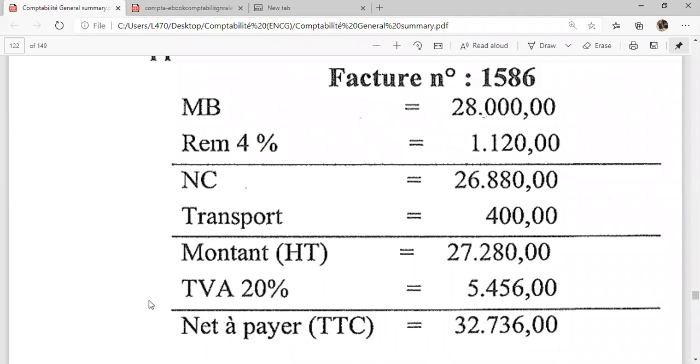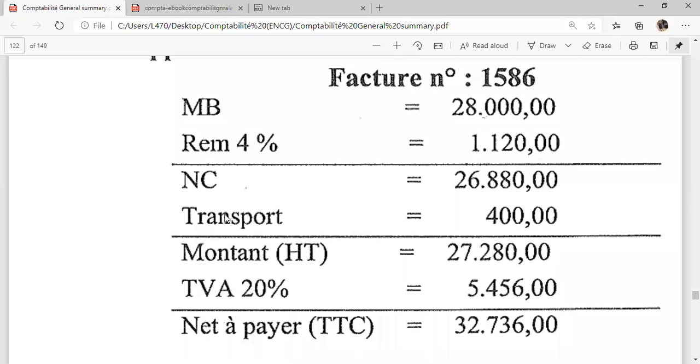So the difference here is that when you are given only a single TVA in the transaction and you have a figure of transport, what you're going to do is that to le dernier net commercial, you're going to add the transport without calculating the TVA for the net commercial. So you add the transport, it will give you a figure, which you can just write as HT, which is hot tax, montant hors taxe.